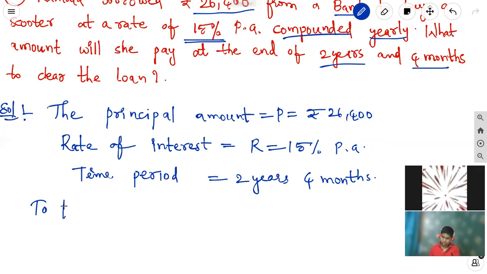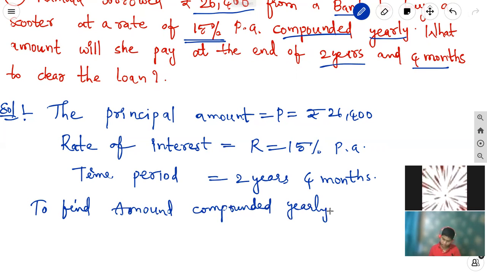To find the amount compounded yearly for 2 years, A is equal to P into (1 plus R by 100) whole power n.